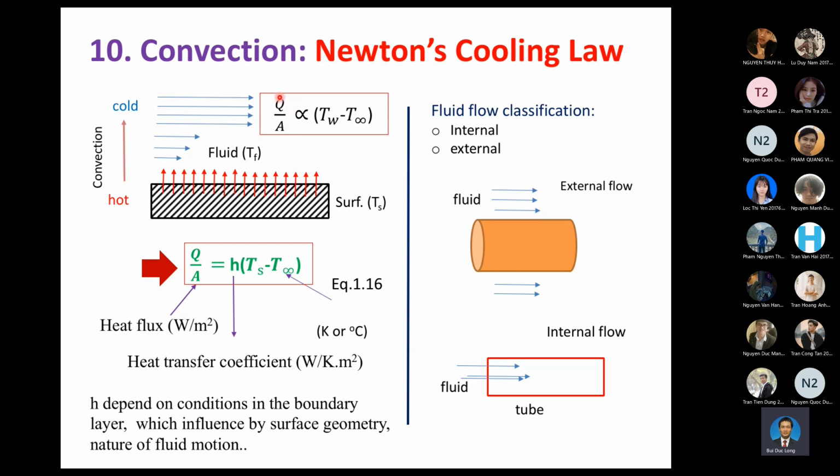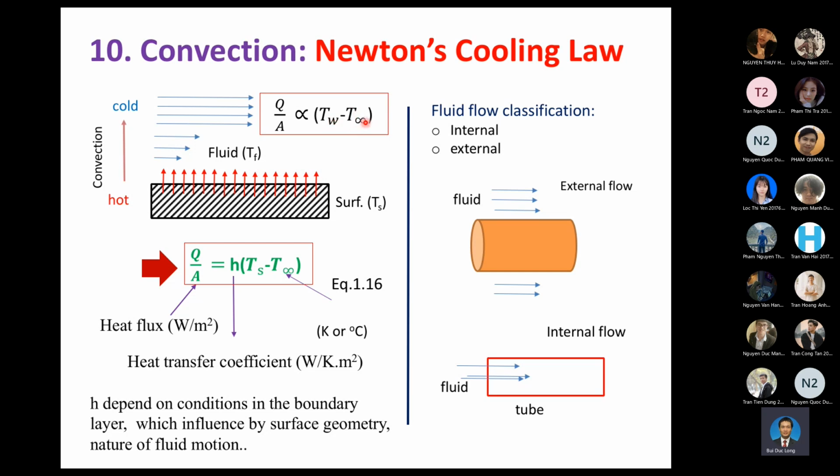This heat transfer, Q divided by A, is proportional to the temperature difference between the surface temperature and the environment temperature. Here Tw or Ts, sometimes we call it Tw, meaning the wall, or you can change it to Ts.